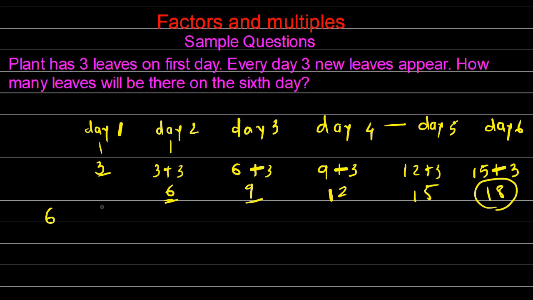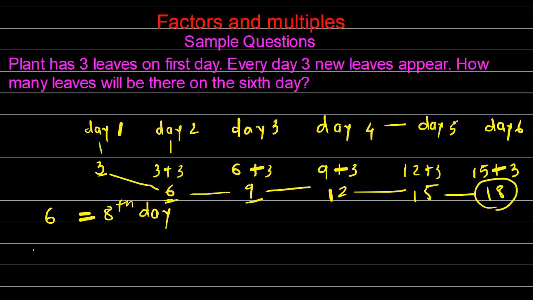On the 8th day, how many leaves will be there? So basically, we got 3, 6, 9, 12, 15 and 18. These are nothing but multiples of 3, isn't it? So if you are finding the 8th day, that means you need to find the 8th multiple of 6. Very simple.